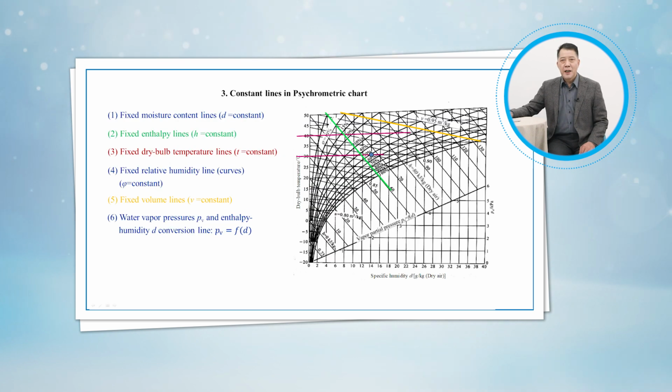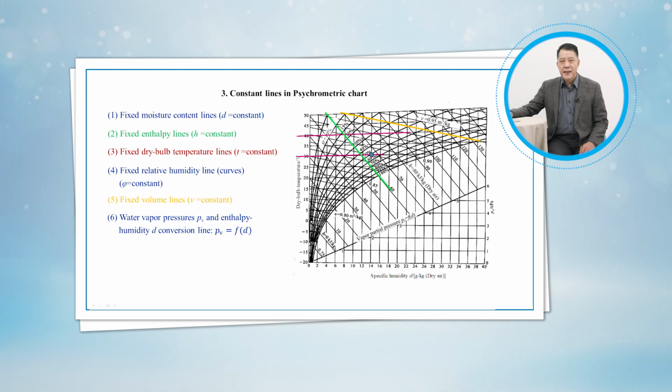Finally, let's talk about the constant lines in the psychrometric chart. Obviously, there are several constant lines. Firstly, the fixed moisture content lines. Secondly, the fixed enthalpy lines.